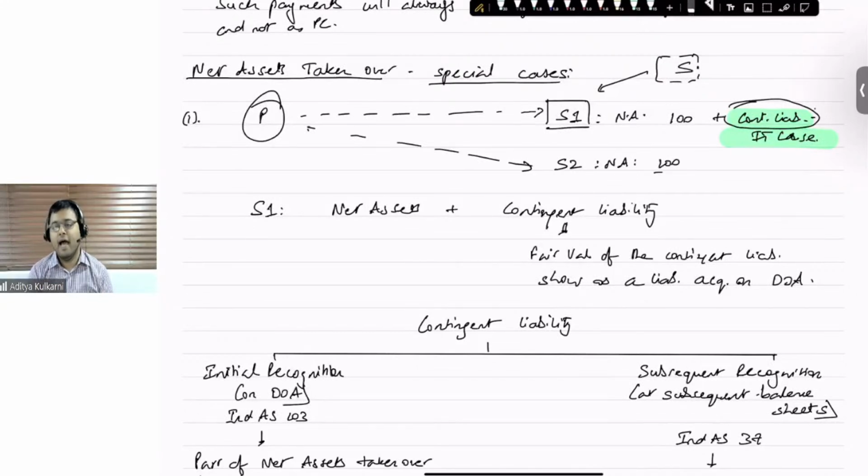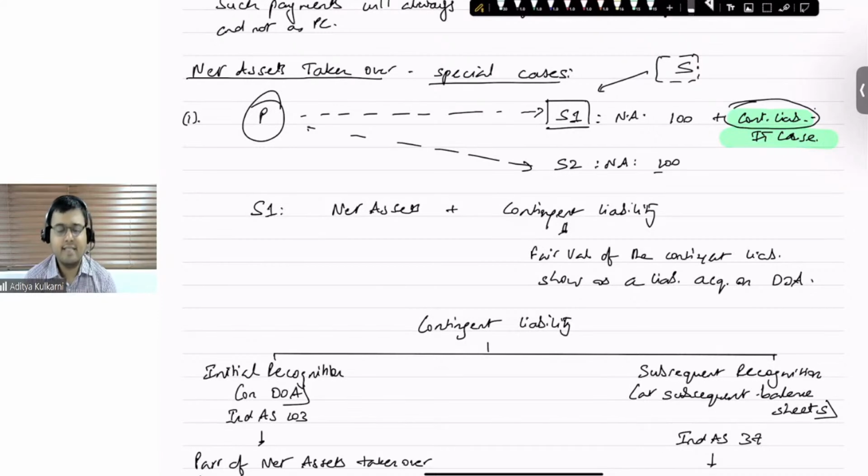Yes, he is. And therefore, can I now say that this is giving rise to something known as a contingent asset? Yes. Can contingent assets be recognized in the balance sheet? Answer is no.